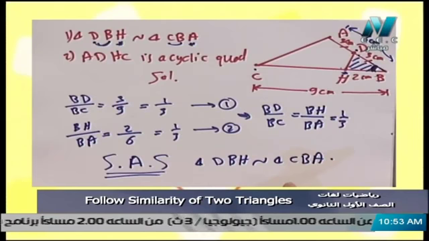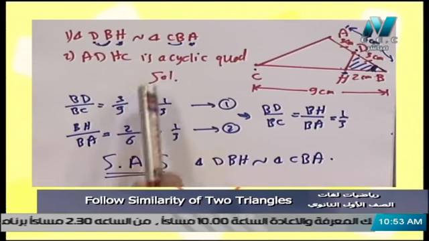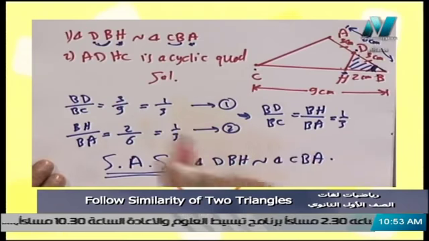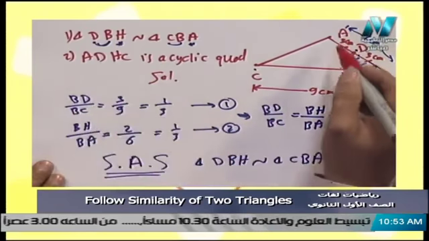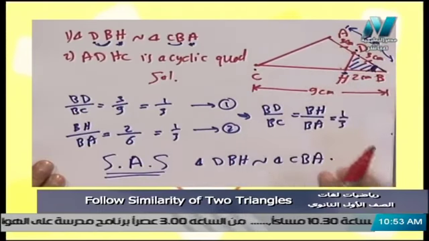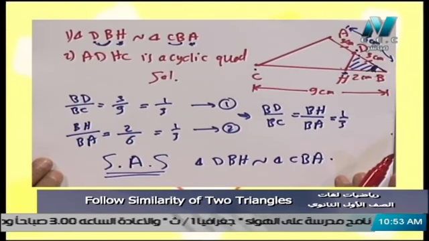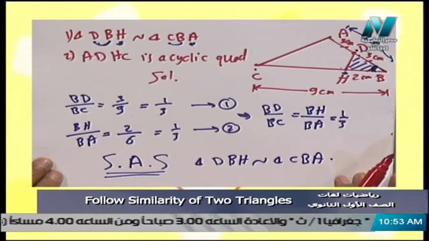Don't forget about the second request. What about the second request, and what is a cyclic quad? Look carefully at the quad ADHC. Try to remember what you studied in third preparatory.